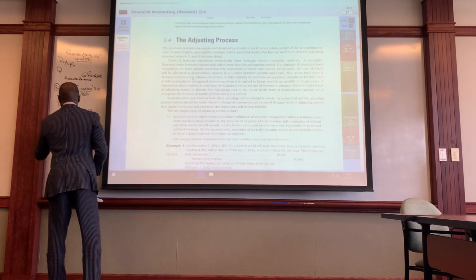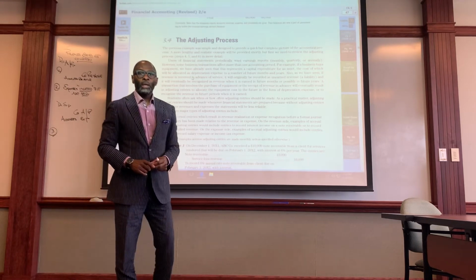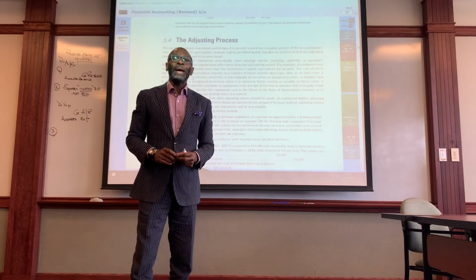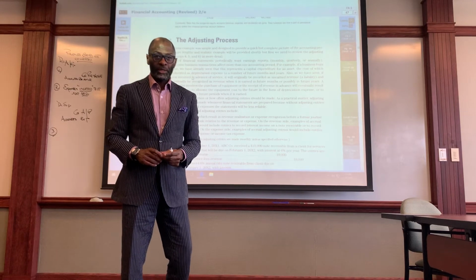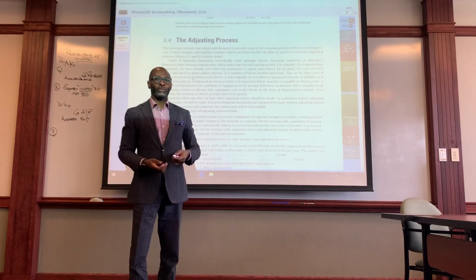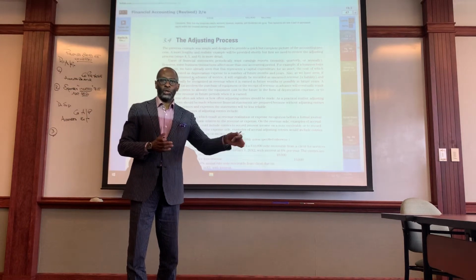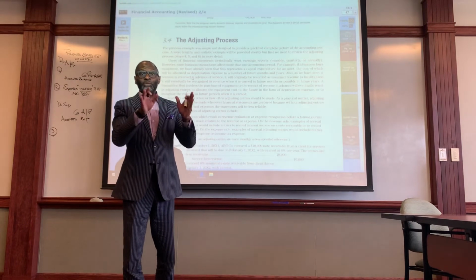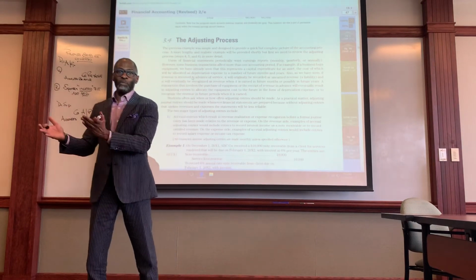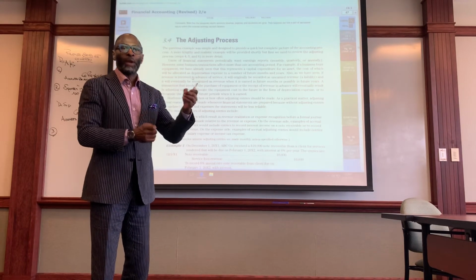The third adjusting entry that we're going to get into is for prepaid expenses. Think about it. When I pay for something in advance, as you saw before, we prepaid rent or we prepaid insurance. At the end of 3 months or 6 months or 12 months, whatever that period of time is, I've used what I prepaid for.